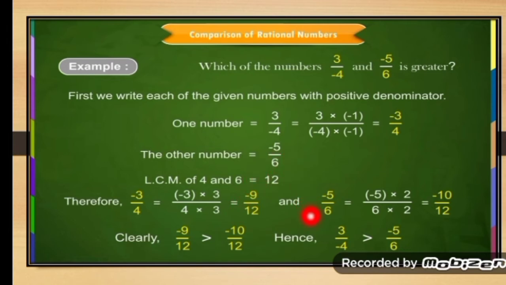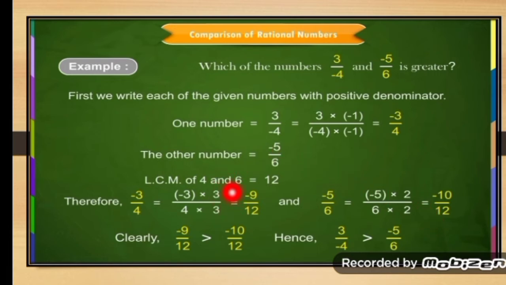Similarly, to make 6 equal to 12, we will multiply 6 by 2 and we will multiply the numerator by the same number 2. -5 multiplied by 2 is equal to -10 and 6 multiplied by 2 is equal to 12. Now the denominators of both rational numbers are positive and equal, -9/12 and -10/12. Now we will compare these two rational numbers.